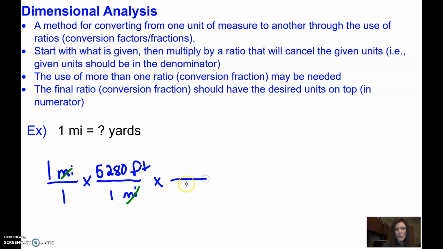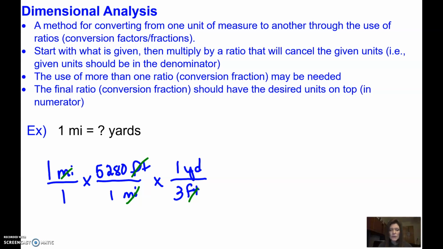So remember, the rule is you put the label that you want to cancel in the bottom. So I got 1 on top, 1 on bottom, and then hopefully what's left on top is what we want. So I'm going to make sure my feet cancel. Good. So now the only label left is yards. So when I'm looking at this problem, I can say, okay, that means I am going to have to multiply across the top.